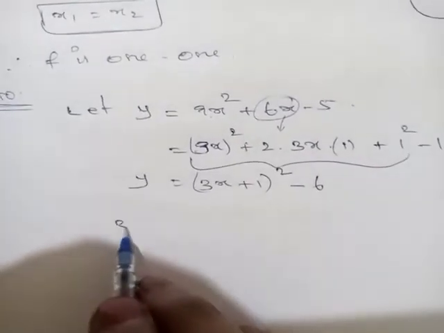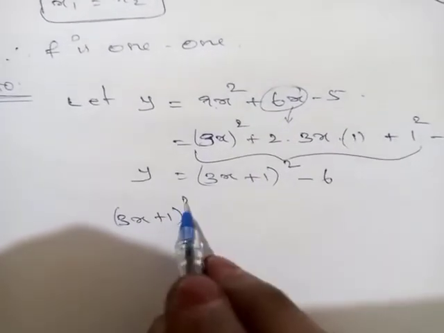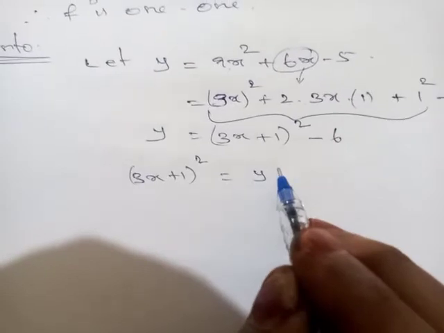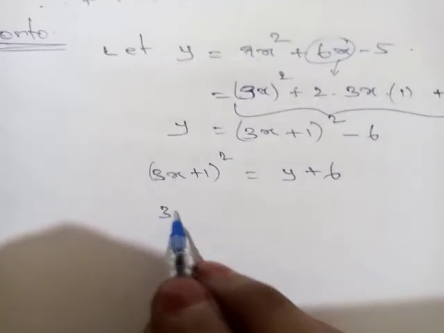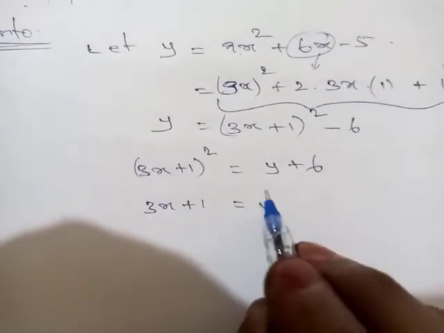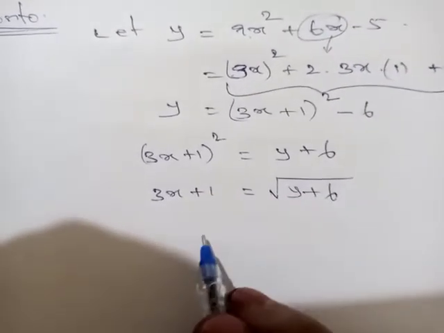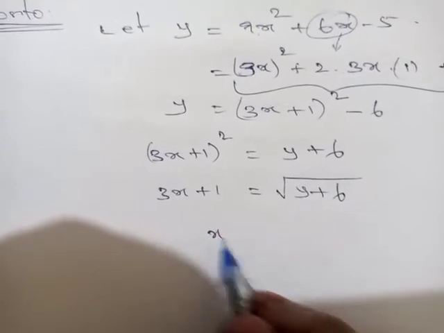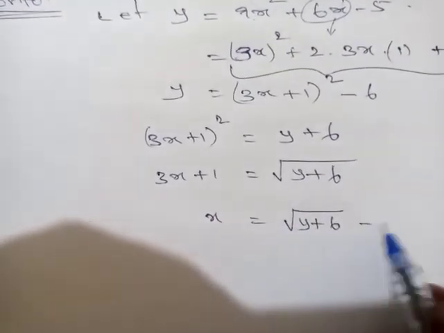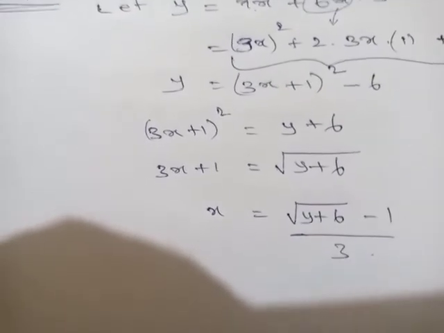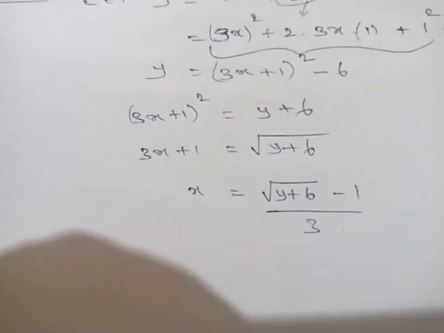So 3x plus 1 the whole square can be written as y plus 6, right? This minus 6 comes this side means plus 6. Next, 3x plus 1 is equal to square root of y plus 6. So x is equal to what you will get, square root of y plus 6 minus 1 divided by 3. This is the x value.